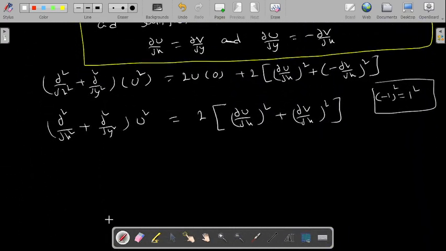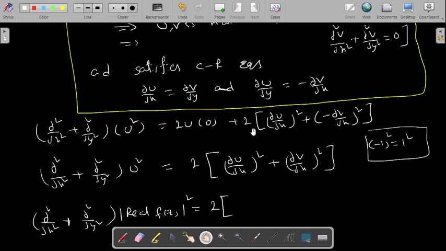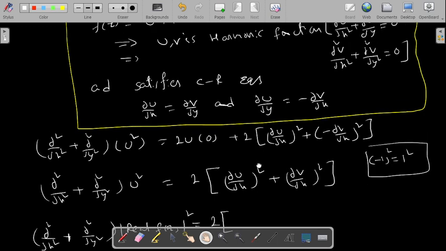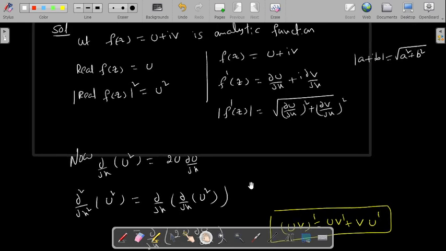So now ∂²/∂x² + ∂²/∂y² of this is nothing but real part of f(z) squared, 2 into (∂u/∂x)² plus (∂v/∂x)². So here, if you want, modulus of f'(z) whole square, the square root gets cancelled.